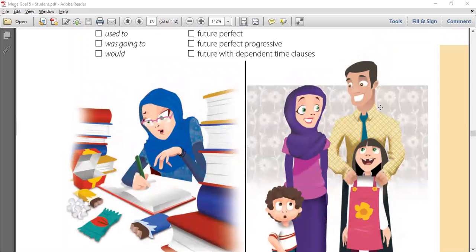Yes, Rahaf. 10 years ago, Asma used to eat unhealthy food. Very good. 10 years ago, Asma used to eat unhealthy food. As you can see, Thalith, and I hope you're writing this. How did Rahaf form this sentence?